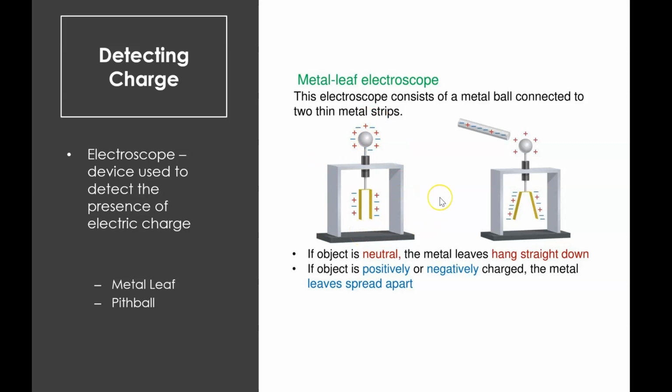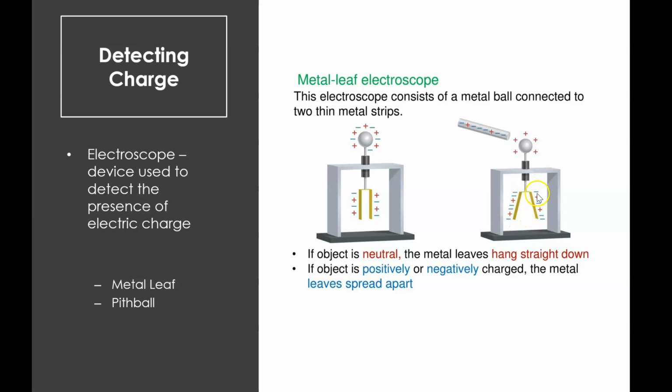So what happens in order for you to detect the presence of charge? You bring something that's charged close to that metal ball. And this is a negatively charged rod, for example. So there's a lot more negative charges than positive. When you bring that rod close to that metal ball, the electrons, because we know that they can move, will move away from that negatively charged rod, and they will move down the electroscope into the metal leaves.